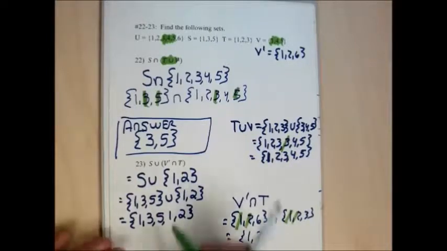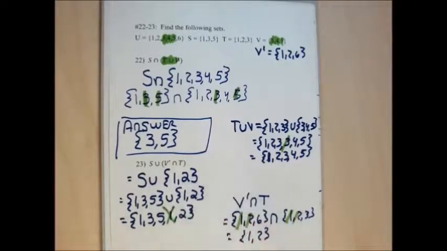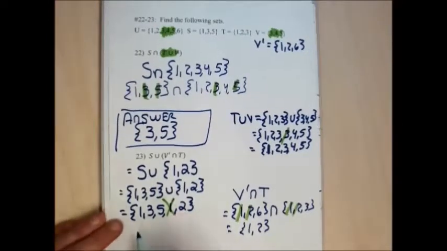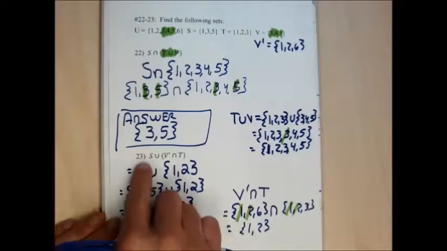If any element's duplicated, I only need to write it once. The answer for my problem 23 is going to have the numbers 1, 3, 5, and 2. I like writing my numbers or letters alphabetically, my numbers in ascending order. So my answer, I would write 1, 2, 3, and 5.